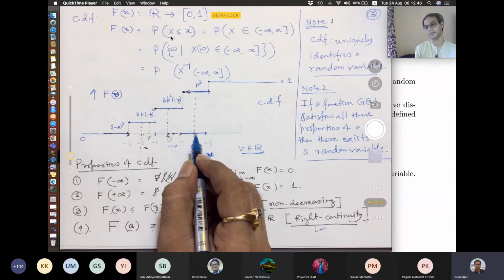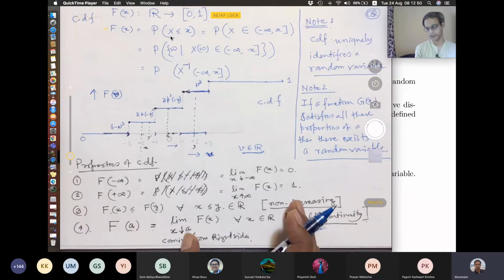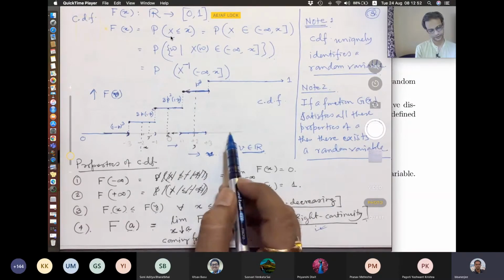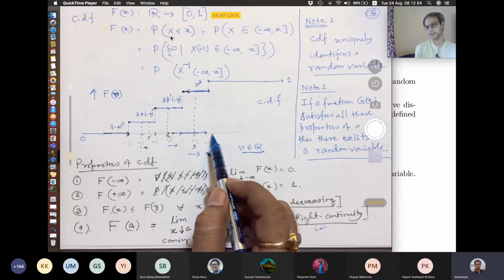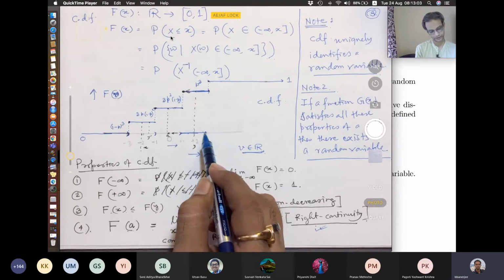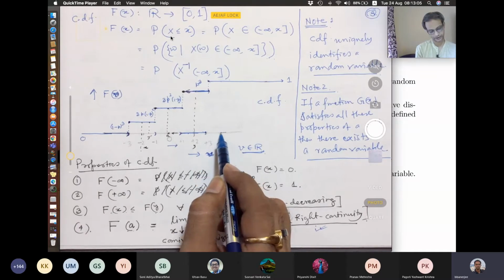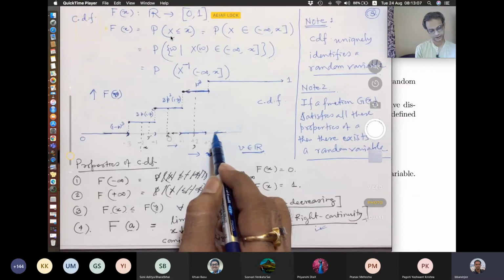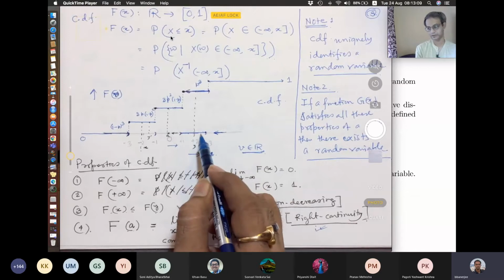Is it okay? Here you are approaching A from above, that means from the right hand side. Do you get my point? You are approaching this point from this side, not from this side.